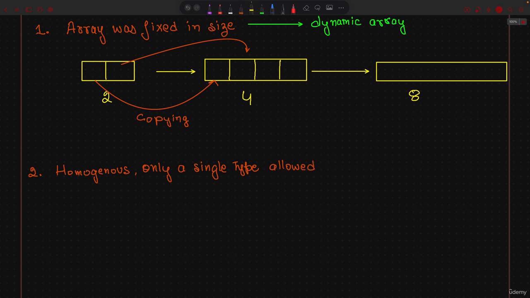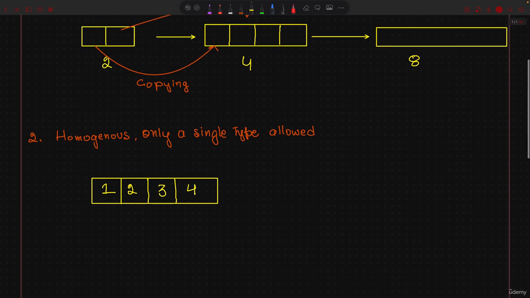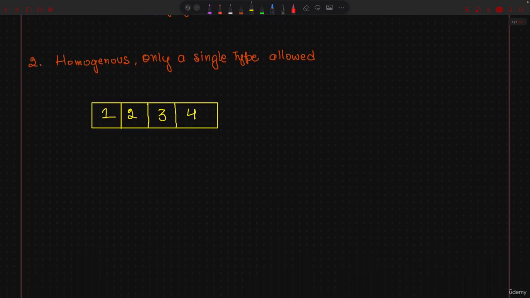So what does that mean effectively? In arrays, what used to happen is that we were storing directly what we want, right? So let's say if the elements are 1, 2, 3, and 4, they are directly stored at that memory location, right? So you can go to that memory location and you are going to find 3 here. This is something which is known as storing by value or call by value.